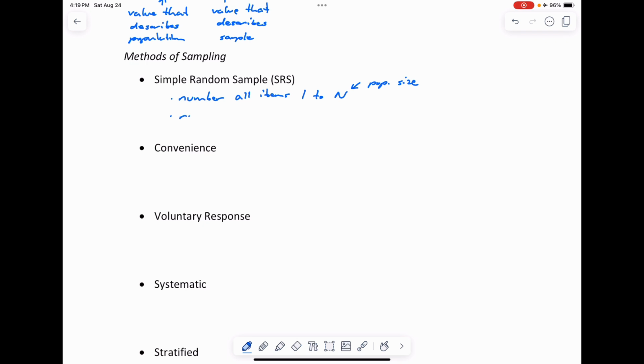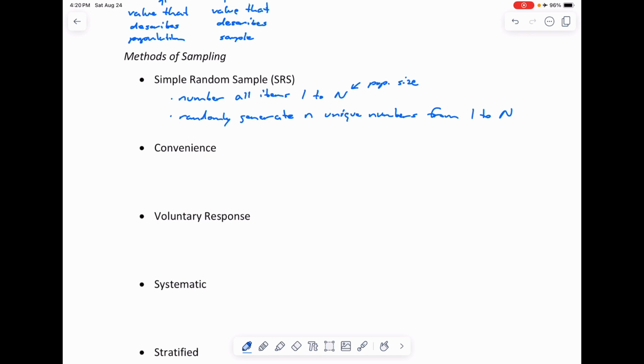Then we're going to randomly generate n unique numbers from 1 to capital N. So let's take a city of 10,000. I want to know about the opinion its citizens have about something. So I take all 10,000 citizens and number them 1 to 10,000.